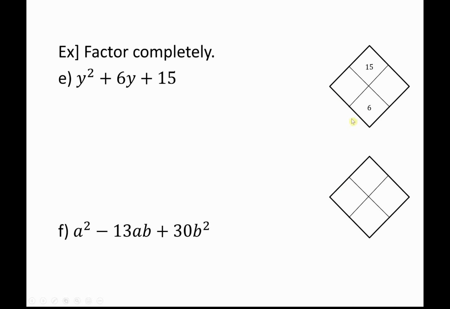You might be stuck. Yeah, so it turns out this is actually not factorable. So we would say that this trinomial, second degree trinomial, is called prime. Okay, that's the key word you can use, and that just means it's not factorable by this method anyway.